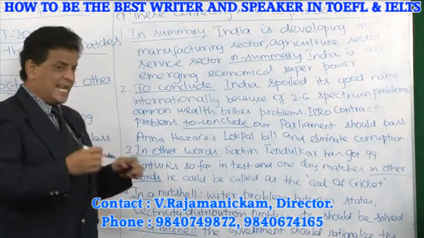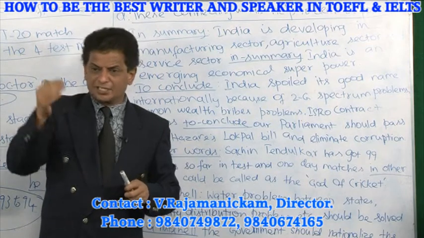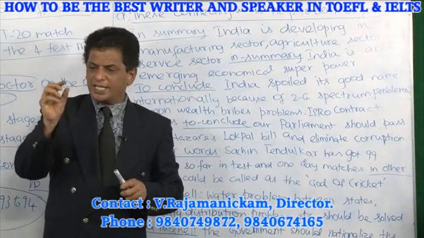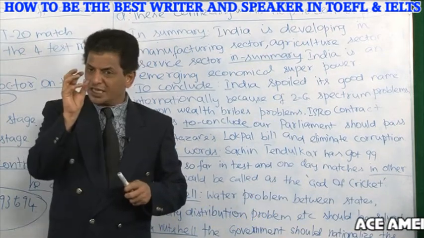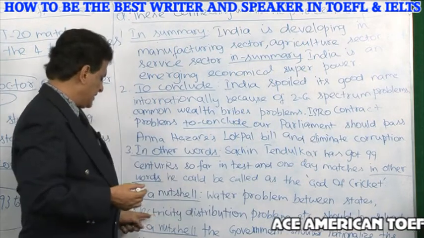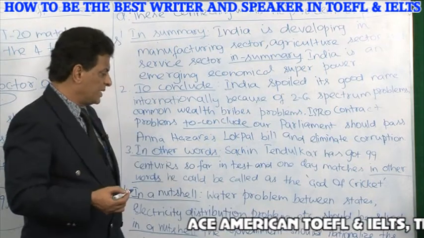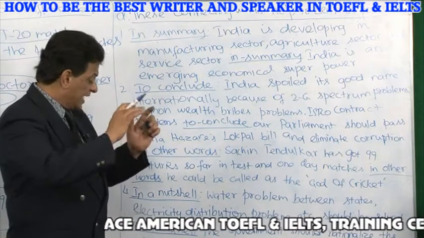Next, number four, in a nutshell. What do you mean by nutshell? You take a coconut, you take the ingredients out, the white pulp, that shell is called a nutshell. You take a groundnut, you take the nut out, that shell is called a nutshell. So nutshell means in short. Here, the water problem between states, the electricity distribution problem, etc. should be solved. And finally, you come to it in a nutshell.